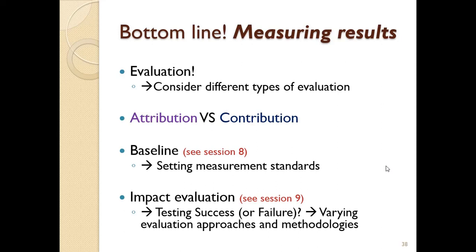Therefore that can influence whether you can attribute certain changes to that particular intervention. But of course, the measurement of results or success depends on the standards that would have been set before the project is implemented, and such standards can be set using data from baseline, and we shall look at that in session 8.